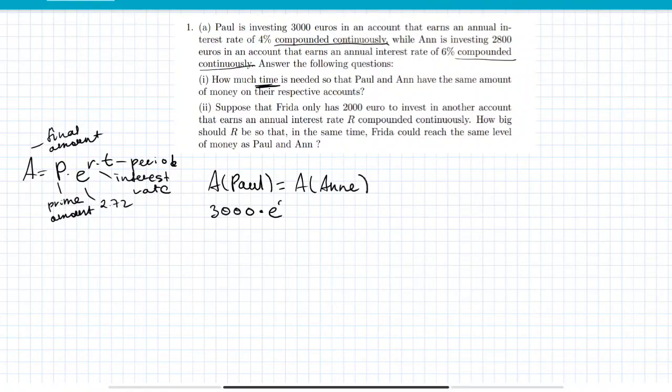His interest rate is 4%, which we're going to write like this, 0.04 multiplied by t. For Anne it's going to be 2,800 multiplied by e to the power of 6% multiplied by t. So we can divide both sides by 2,800.